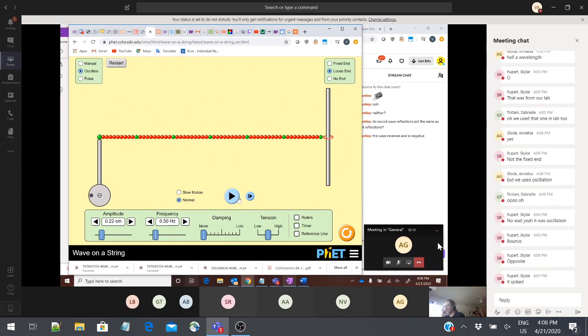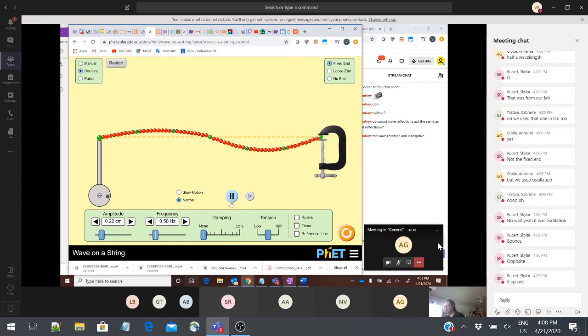Okay. Play. See the weird pattern stuff happening here? Let's see what happens if I make it a fixed end. That's what I was really looking at. Right.